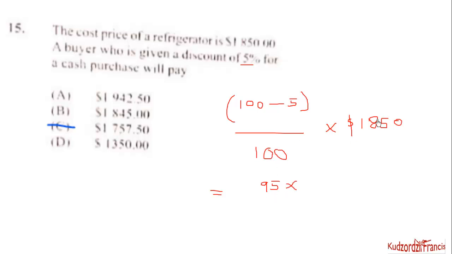Now let's look at something. 100 will go here, we'll move the decimal point back 1 2. 100 times 18.5, and that will be 95 times 18.5, and that will be equal to, all these are in dollars, 1,700 and 57.5, 1,757.5. So the correct answer is indeed C.